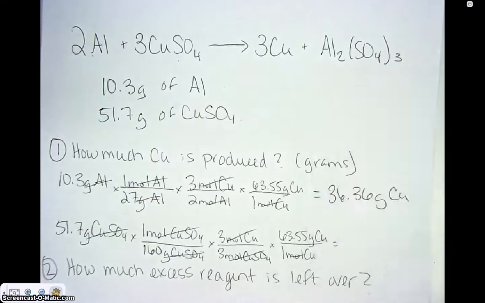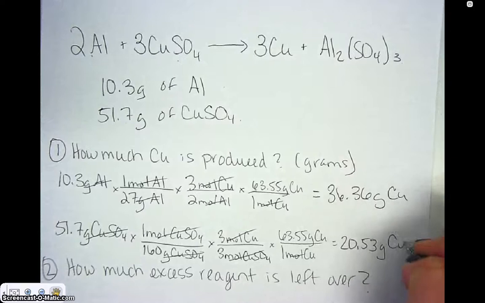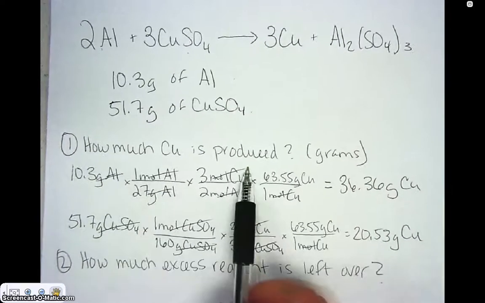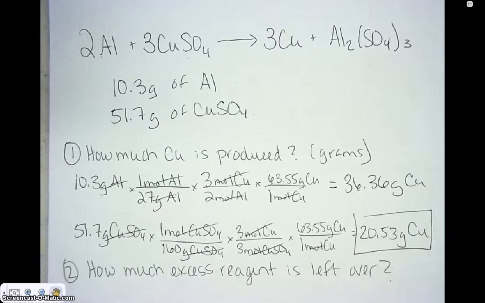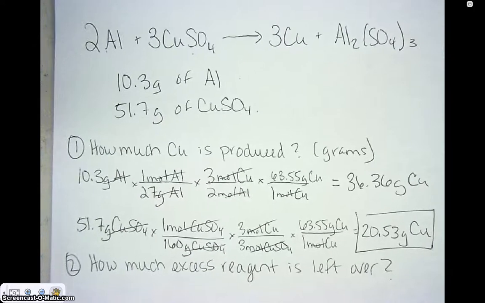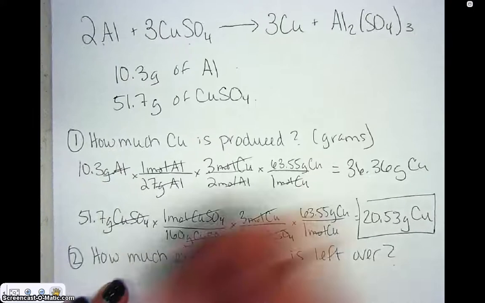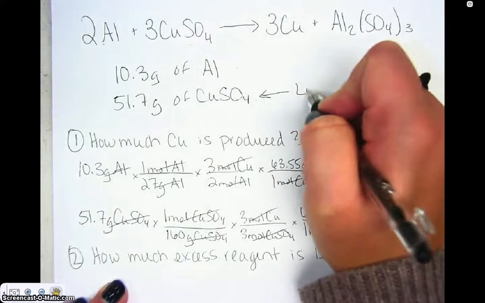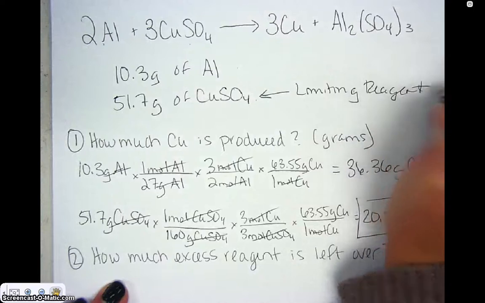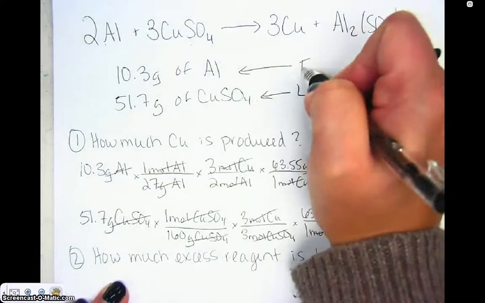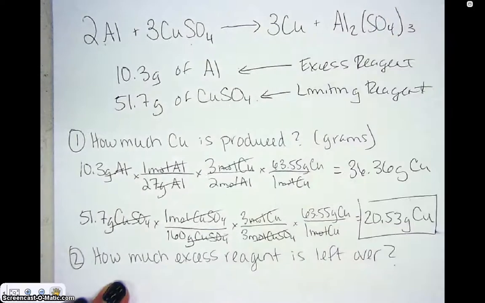So here we can only make 20.53 grams of copper. So the answer to our question is how much copper is produced? 20.53 grams of copper is produced. Okay? And if we were asked the limiting reagent, we would say that this copper sulfate is the limiting reagent. Okay? Making the aluminum my excess reagent. Okay, so I will have leftover aluminum.